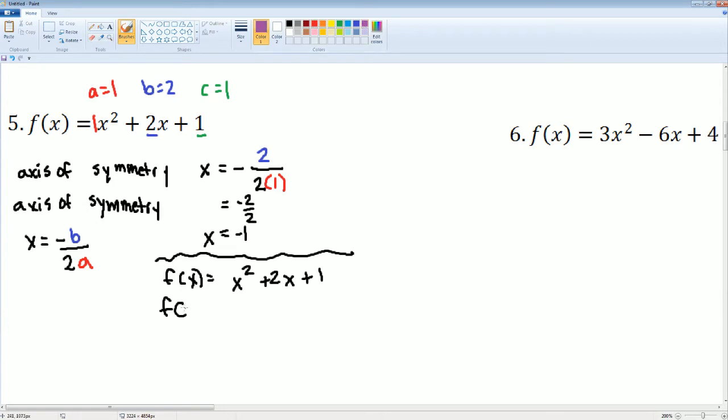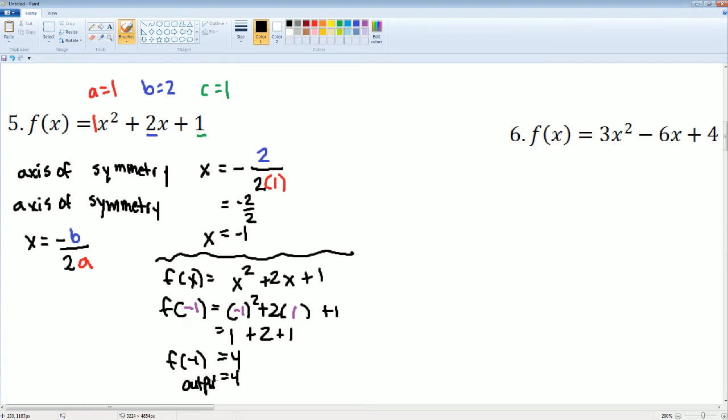Wherever you see x, you plug in the -1. So (-1) squared is just 1, plus 2 times -1 is -2, plus 1. This becomes a 4, so f of -1 is equal to 4. This is the output.